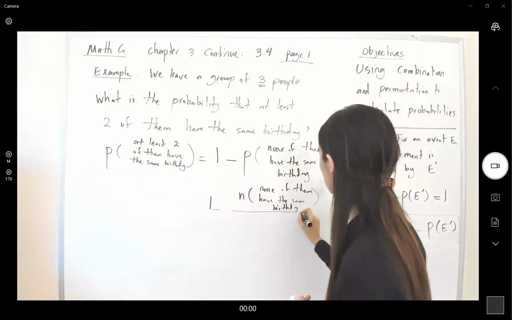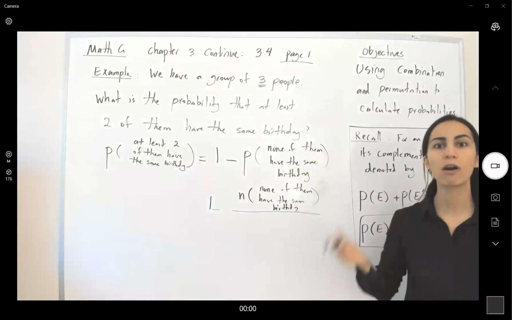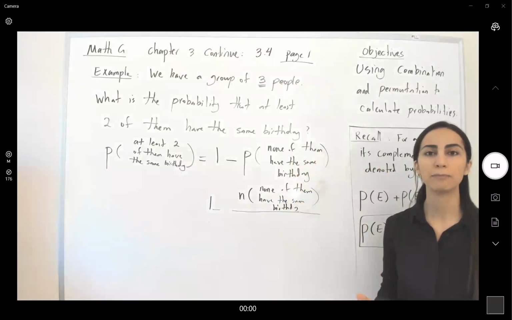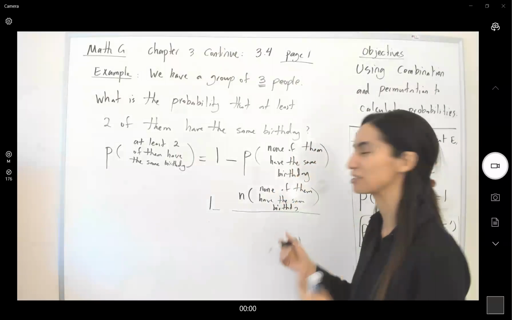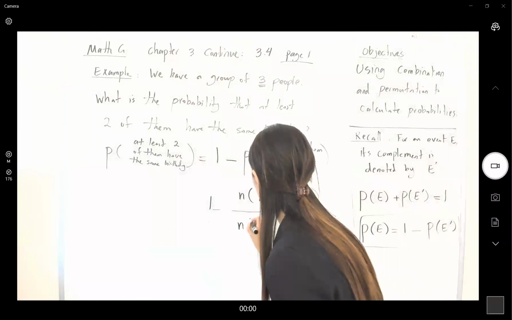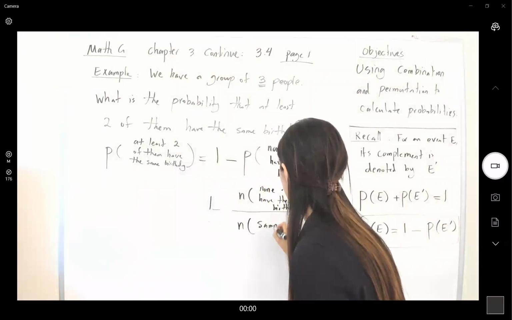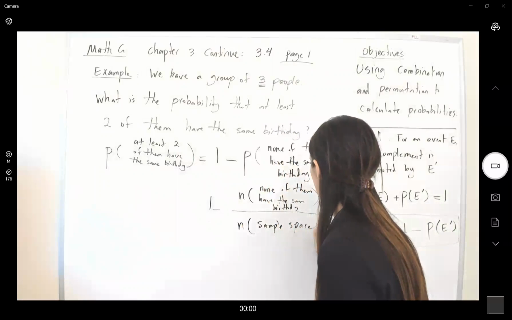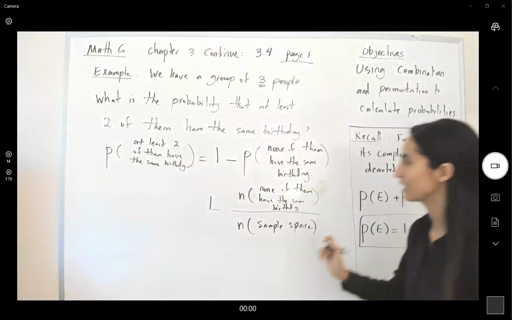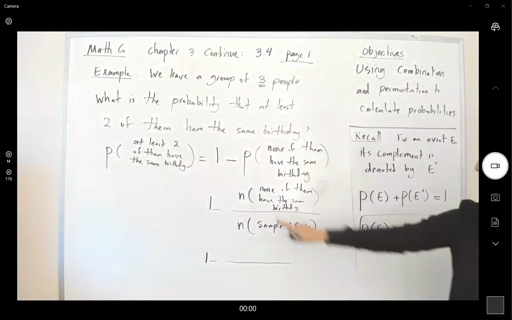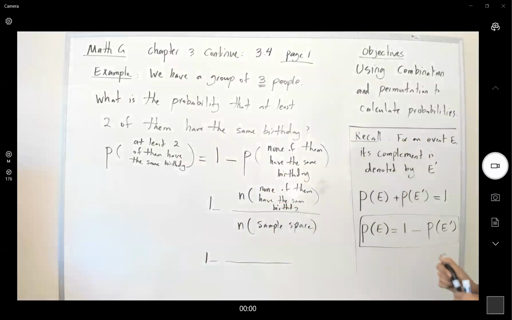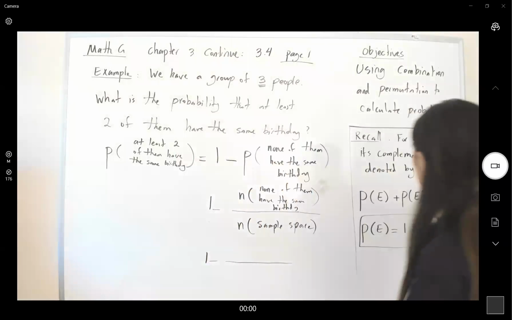divided by the cardinality of your sample space. How many days do you have? How many birthdays do you have? So it is equal to 1 minus. How do we select this? Let me erase this part of the board so I can explain it for you.